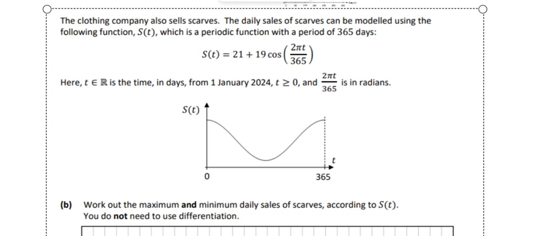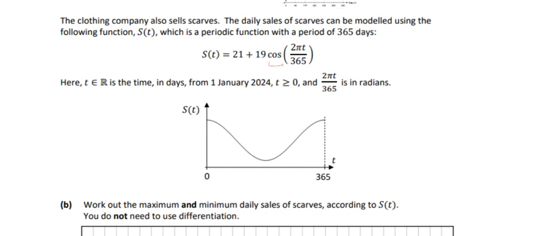Right, so part B then, so we move on to a different type of graph. Now it's a trig graph, so it has a cos in it. Basically 21 has to be here, kind of in the middle of the graph. Then this is going to be where the max is, and down here is where the min is. So that's just going to be plus 19 there, and then minus 19.